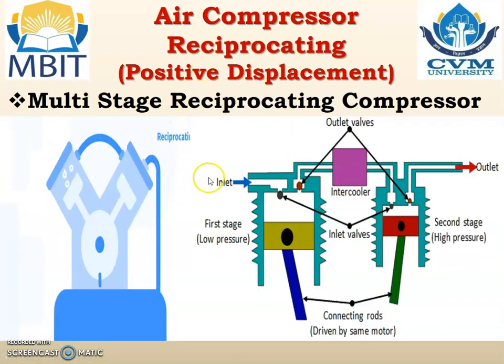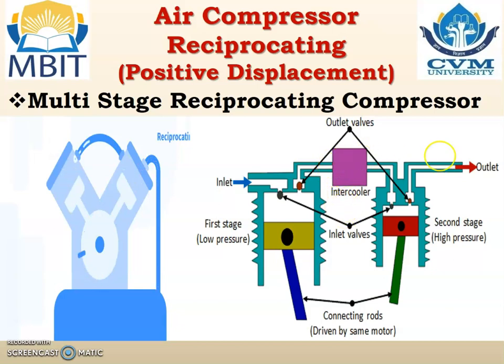So in the multi-stage reciprocating compressor, when air is compressed in one stage, as the pressure increases, the temperature of the air also increases. Then it is passed through the intercooler. It means it is passed through a cooling device where the temperature of the compressed air is reduced but the pressure remains constant.